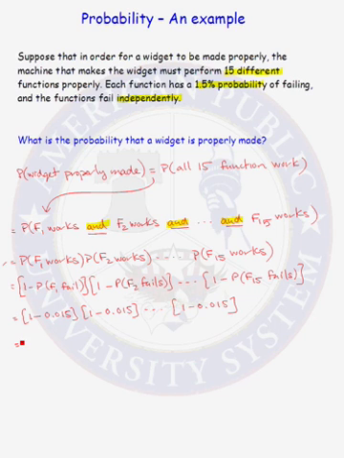This turns out to be 0.985 raised to the 15th power, which is 0.797. So the probability that a widget is properly made under the scenarios given in the problem is 79.7%.